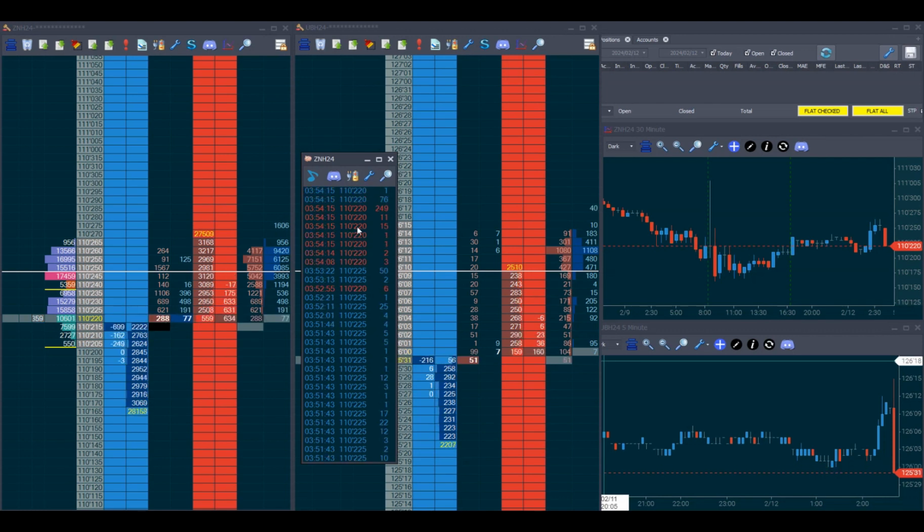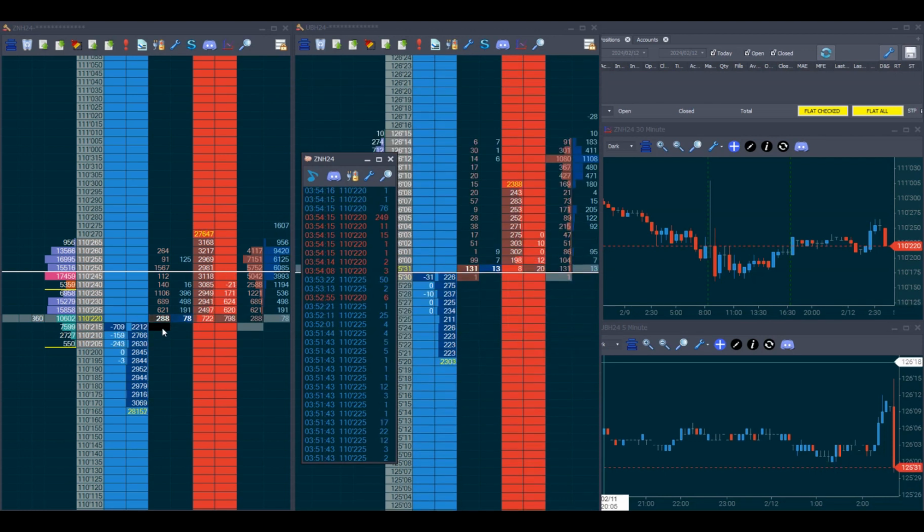There's some more selling, you can see 249 that was sold at 220. So that's selling pressure. The bids are pulling, the selling is hitting the bid side at 220 and 250. That's a nice way to see the momentum.